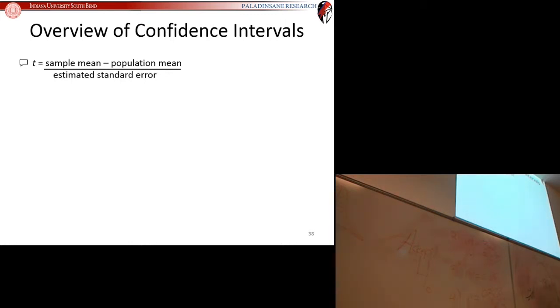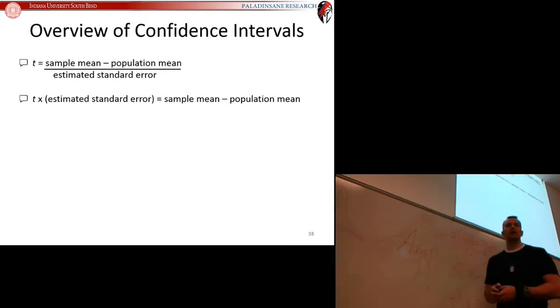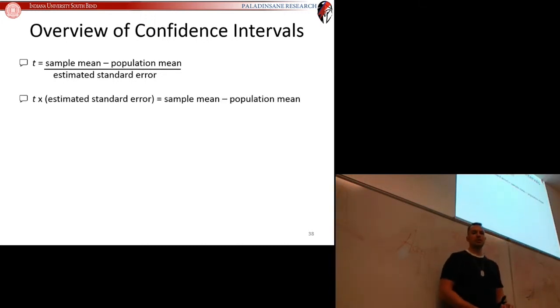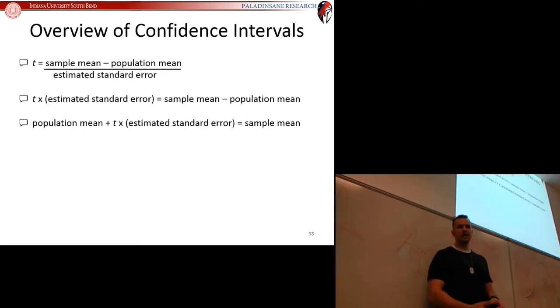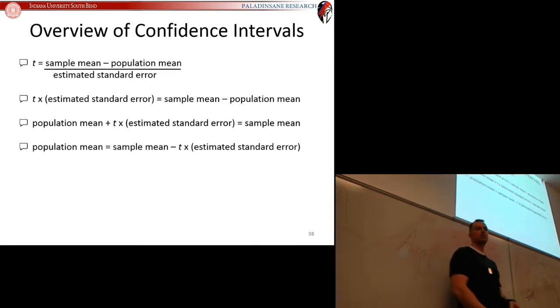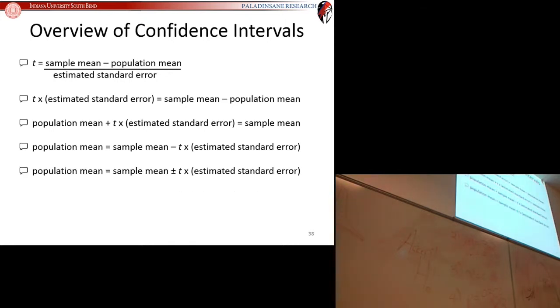So we can get to it by just isolating it, doing a little bit of algebra, cross multiplication: take that population mean over from the right, put it on the left, change its sign, take the estimated standard error multiplied by the t-statistic, bring that over to the right side, change its sign, realize that your t-statistic can be positive or negative, so we put that plus or minus, and there we have the formula for a confidence interval.